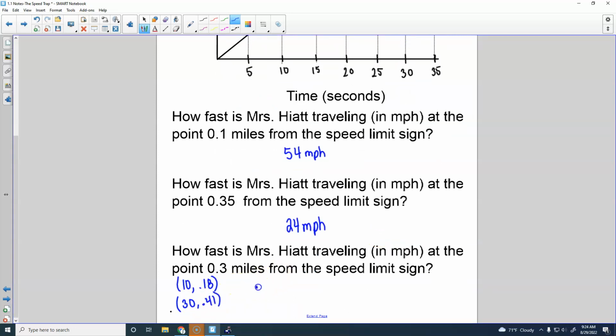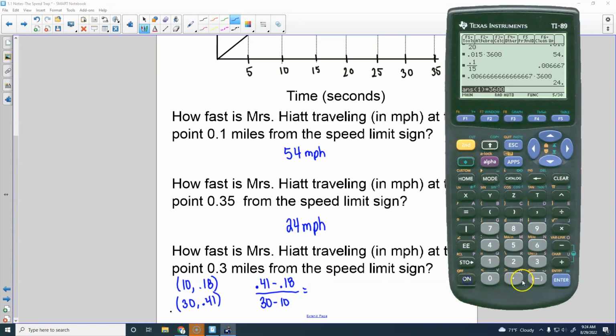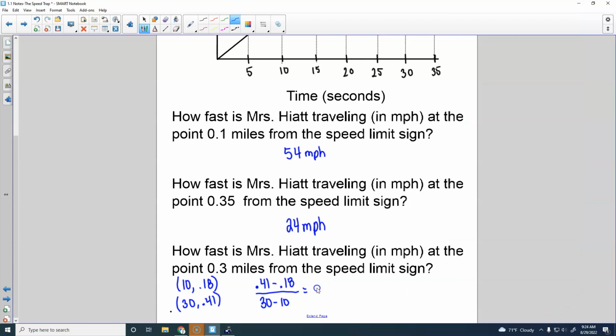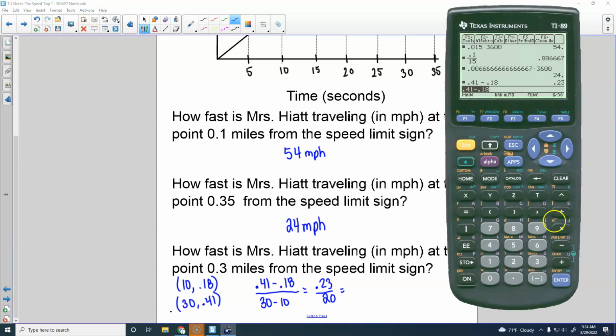And so I would do 0.41 minus 0.18 over 30 minus 10, which is 0.23 over 20, which will give us 0.23 divided by 20.